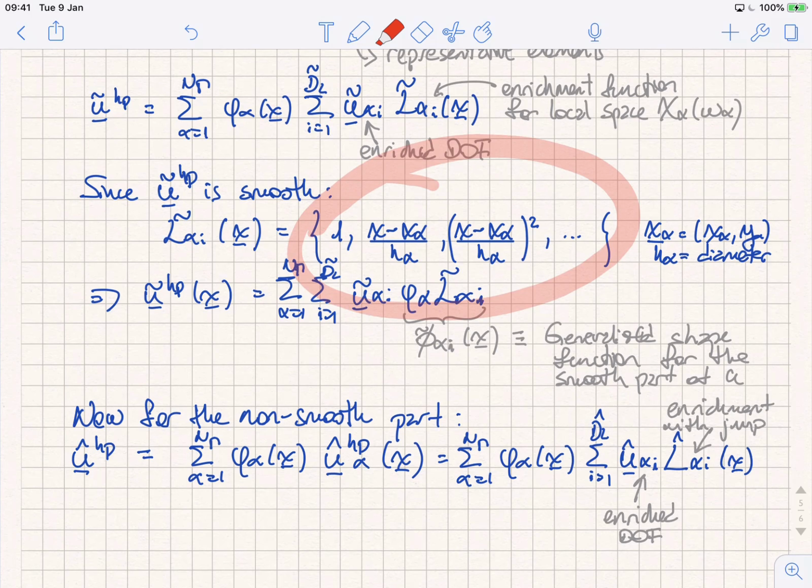But still, our partition of unity is linear. That does not mean that we cannot use a different partition of unity and say, well, let's work with quadratic shape functions as our partition of unity. That can also be done. But it is really not interesting, because if I have a linear partition of unity and I want to increase the polynomial interpolation order, I just keep adding polynomial enrichments. You see what I mean?